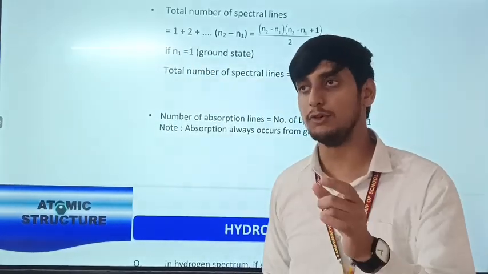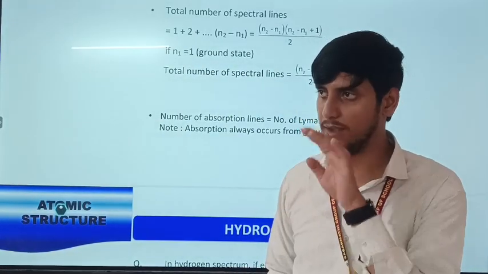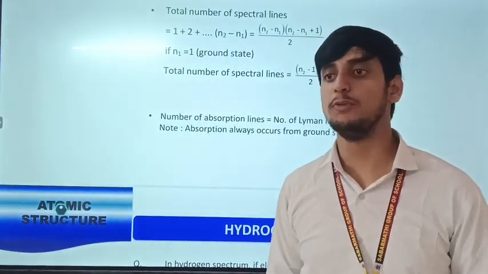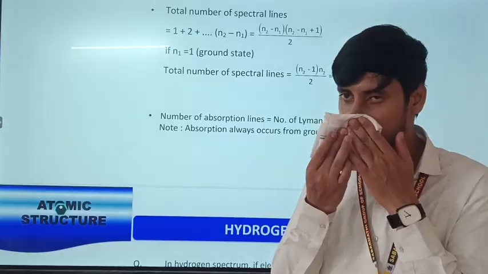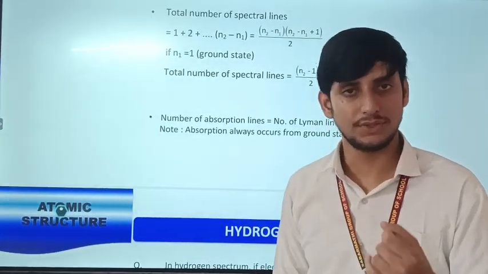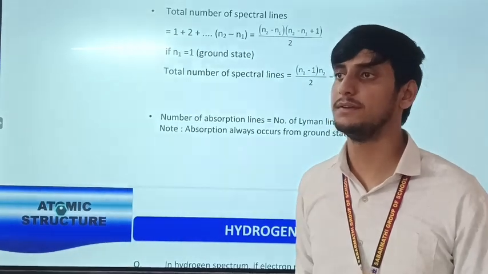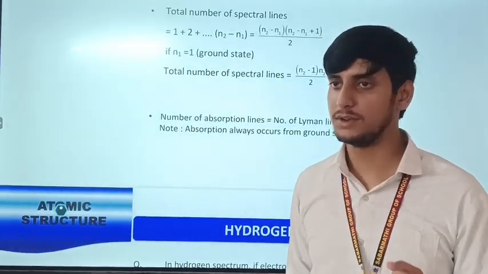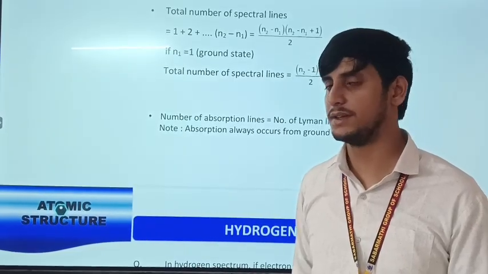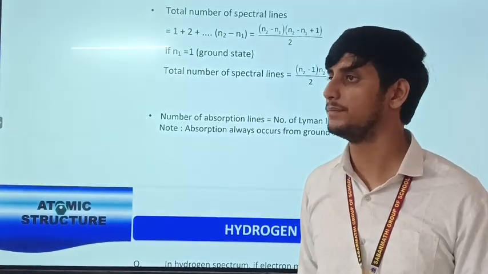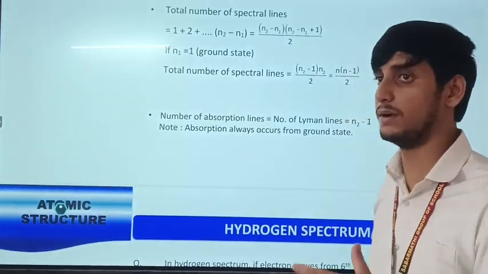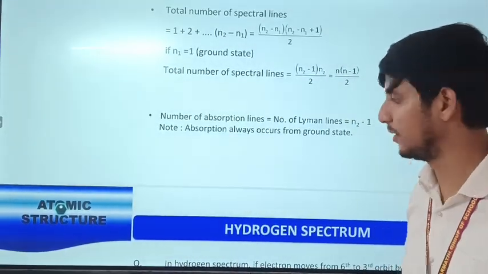For Lyman N2 minus 1, for Balmer N2 minus 2, for Paschen N2 minus 3, Brackett N2 minus 4, Pfund N2 minus 5, and Humphrey N2 minus 6, right? And you can give the answer for absorption spectrum.